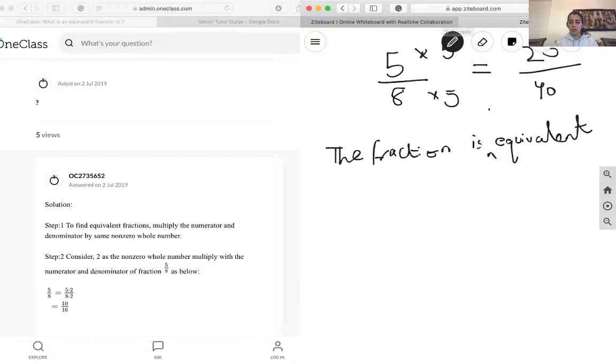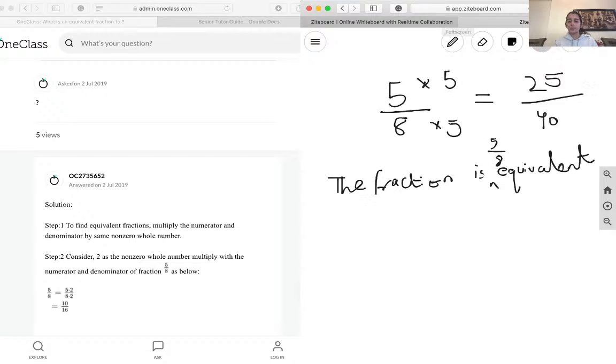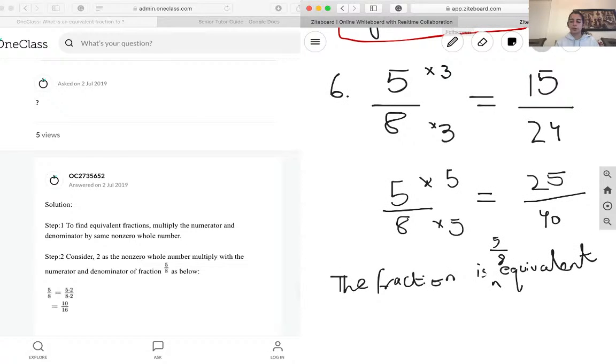Here the fraction 5/8 is equivalent to either 15/24 or 25/40.